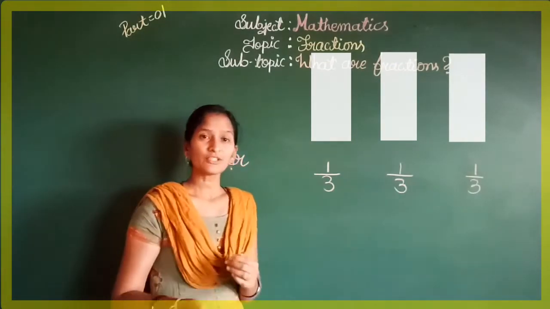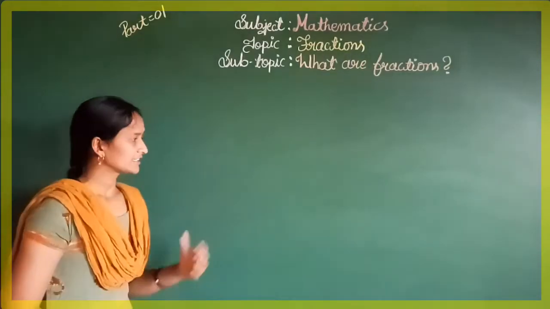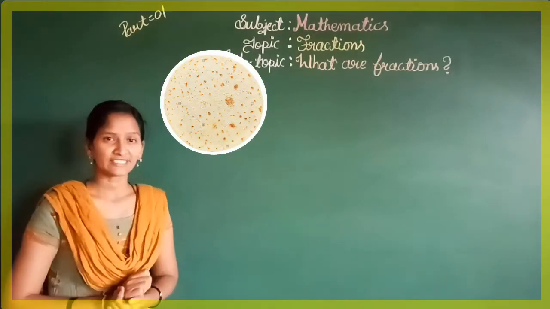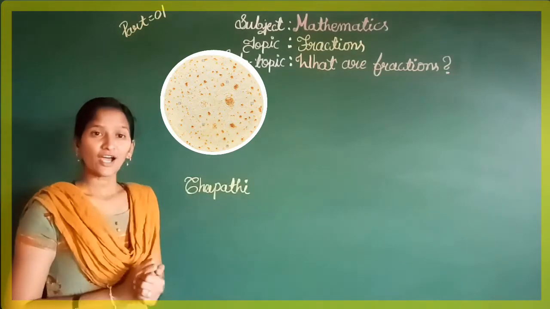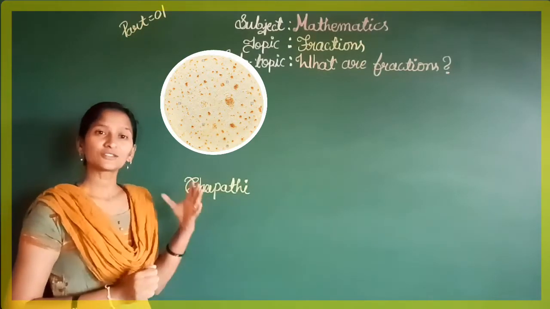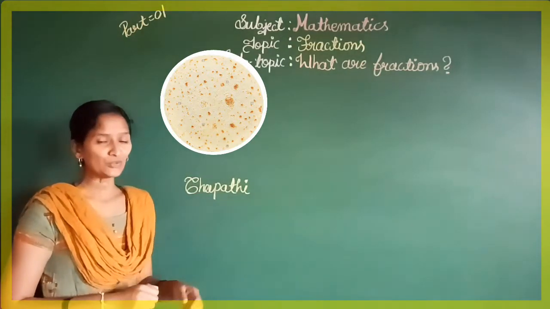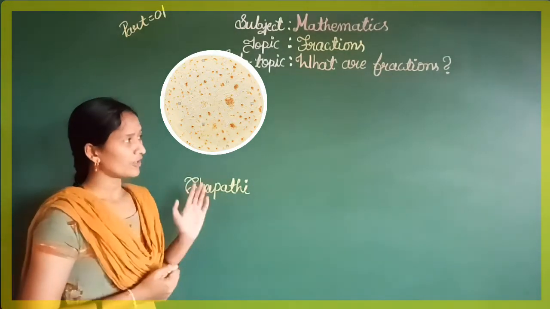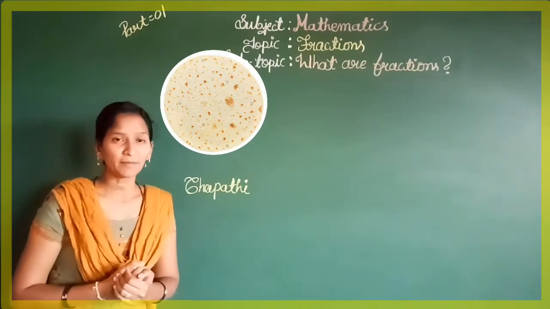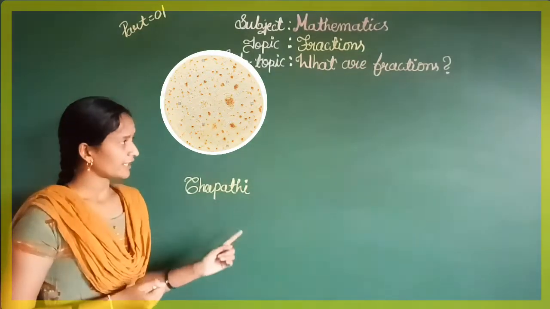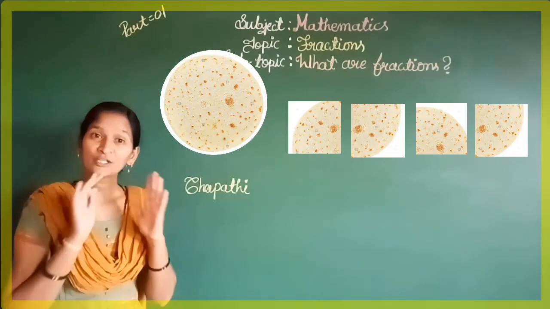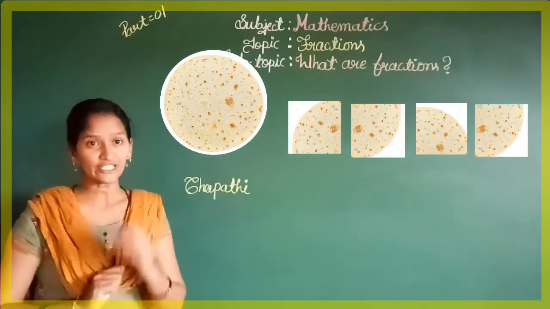Yes, now I will go to the next example. Children, what is this? Yes, you are right. It is a chapati. So now I am dividing this whole chapati into 4 equal parts. All of you observe here. How many parts are there? 1, 2, 3, 4. The total number of equal parts is 4 here.